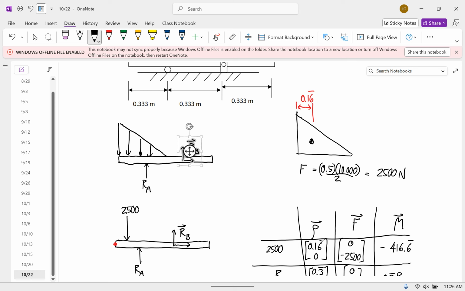And the formula for the triangle says the centroid is going to be 1/3 of the way from the edge to the point. This whole thing is 0.5, so 1/3 of that is 0.16 repeating. Any other questions?